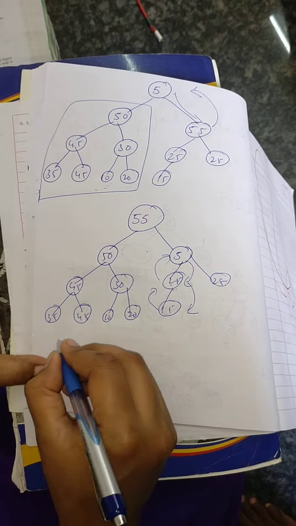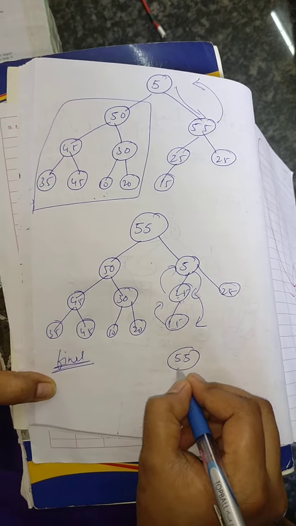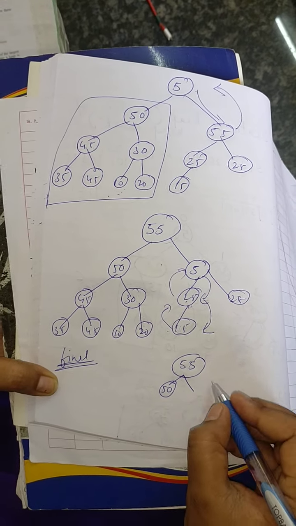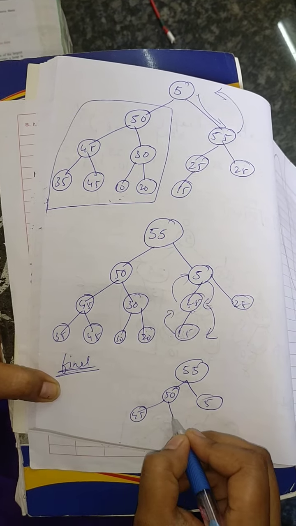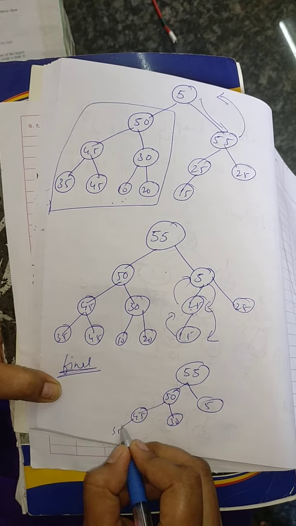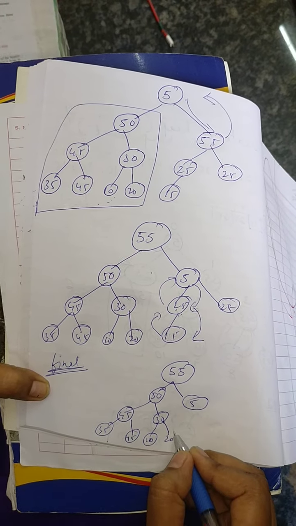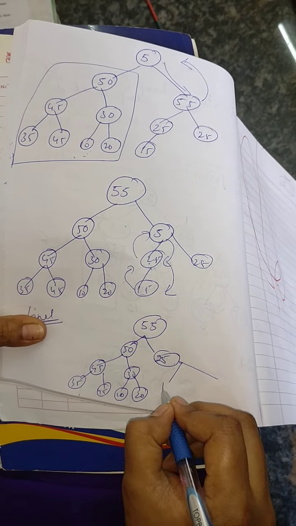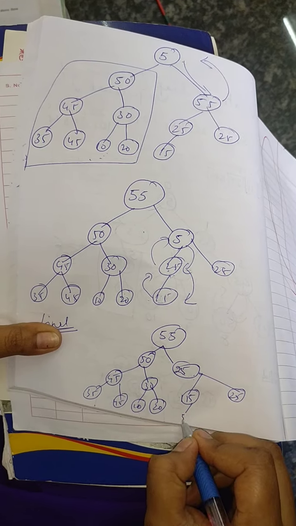So finally the final output will be 55 and in this 50 and 50, then your 5, then 45, your 30, 35, 45, 10, 20, here it will be 25, it will be 15, 25 and this will be 5.